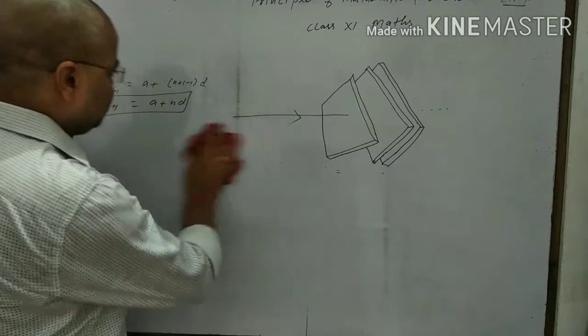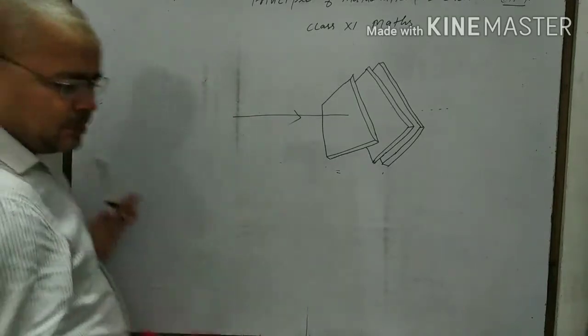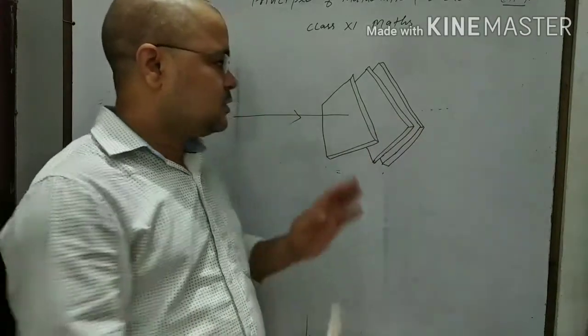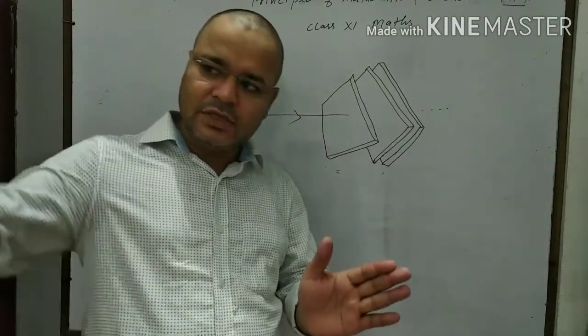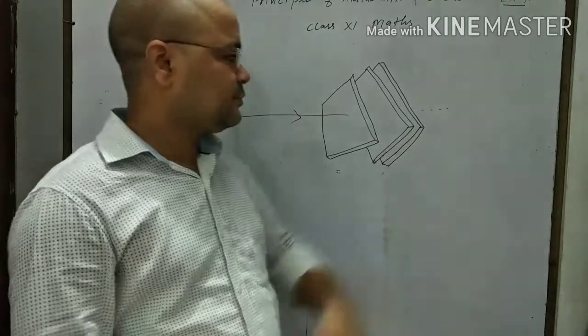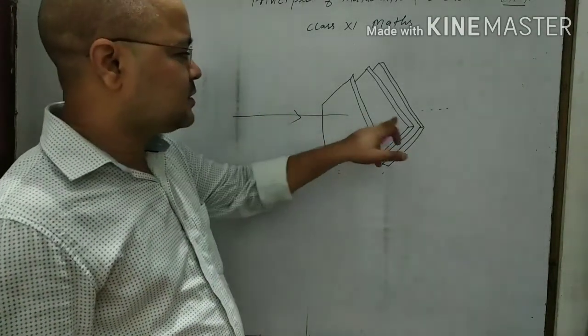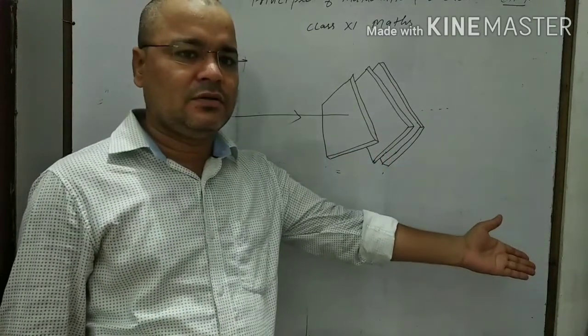Consider a pile of tiles. So many tiles are in a series like this, and if we push one tile, then 100% the second tile will fall.